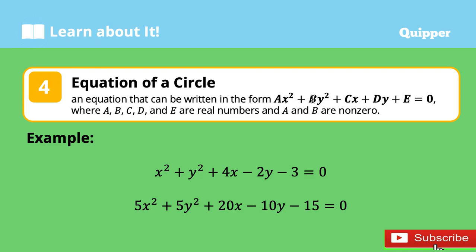For example, the equations x^2 + y^2 + 4x - 2y - 3 = 0, and 5x^2 + 5y^2 + 20x - 10y - 15 = 0 are equations of a circle.